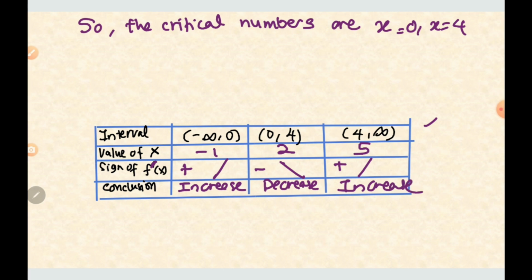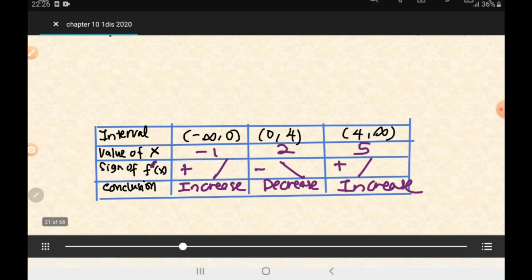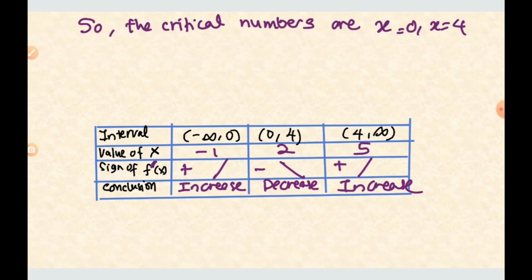Okay, so you need to find out what is the value of y when x equals 0. So when x equals 0, the value for f x is 0 minus 80 minus 0, and the answer is 0.